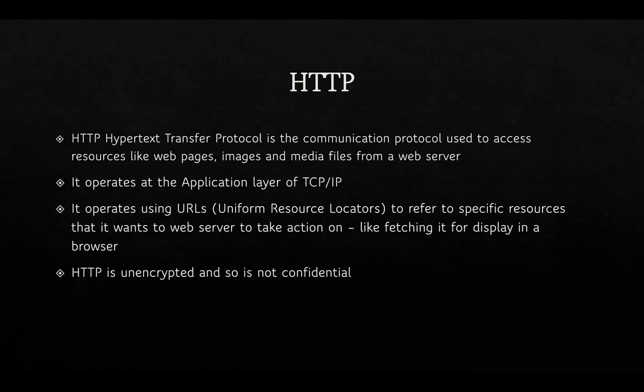It operates at the application layer of TCP/IP, and it uses URLs, the addresses that we use, which are actually called uniform resource locators, and that essentially points to a specific resource, whether it's a file, an image, or a media file that you're trying to access.